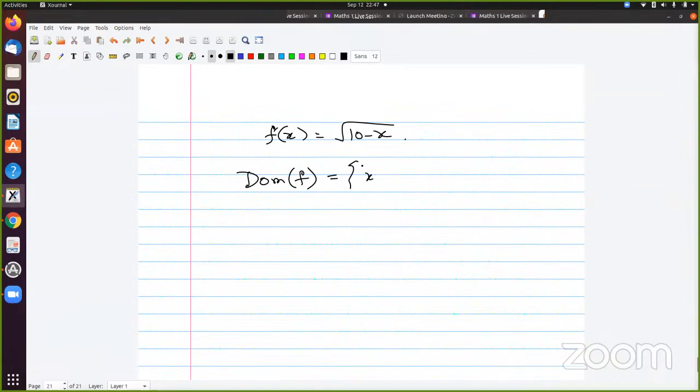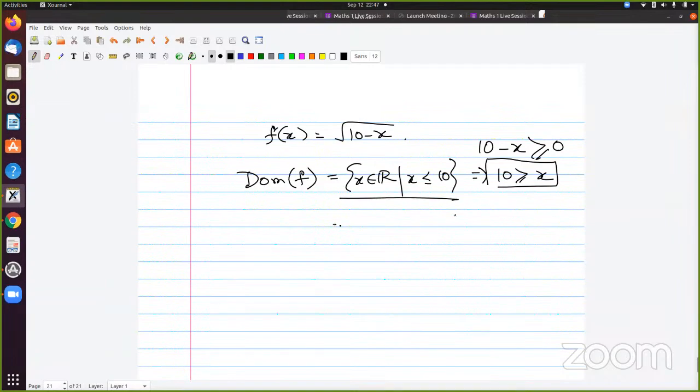So 10 minus x should be greater than or equal to 0, right? So x should be less than or equal to 10. All such real numbers such that x is less than or equal to 10. Clear? So basically it's from minus infinity to 10. This is your domain.